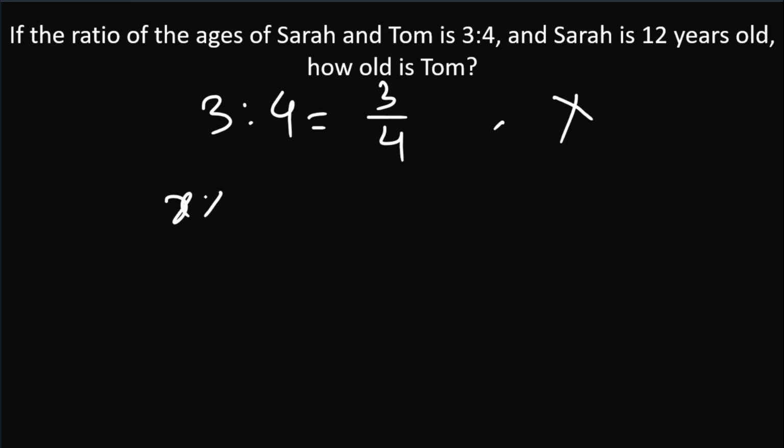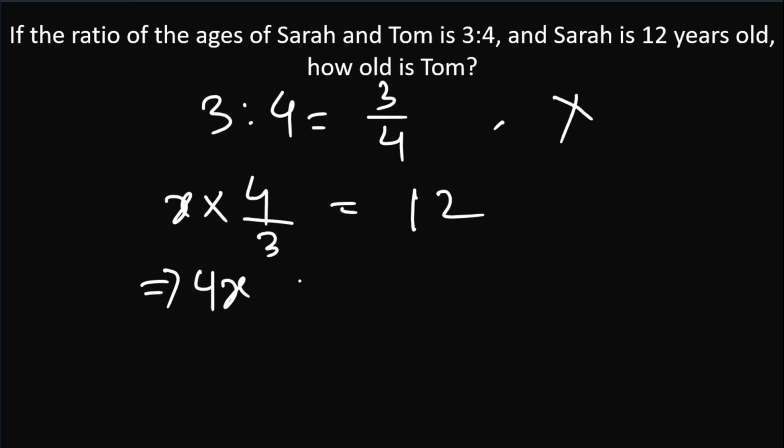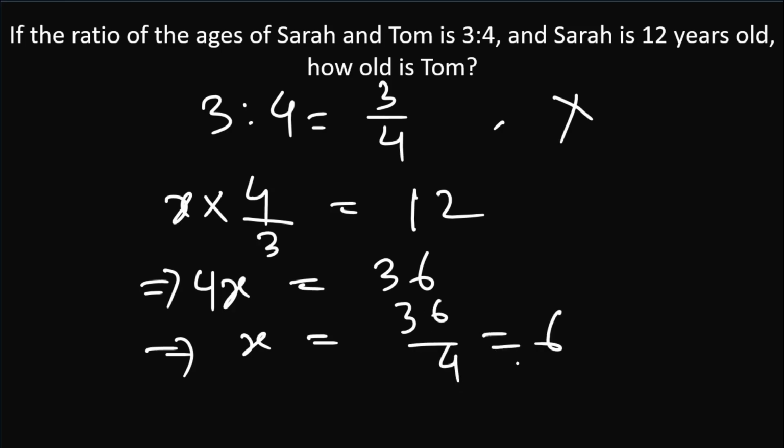So x times 4 over 3, just simply flip it, equals 12. So here 4 times x equals 3 times 12 equals 36. So the age of Tom is 36 over 4, so it becomes 9. The answer is 9.